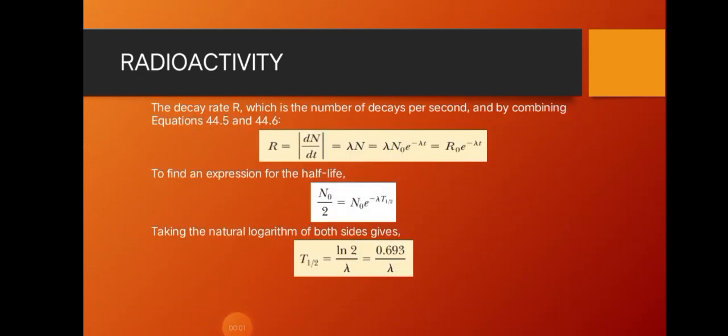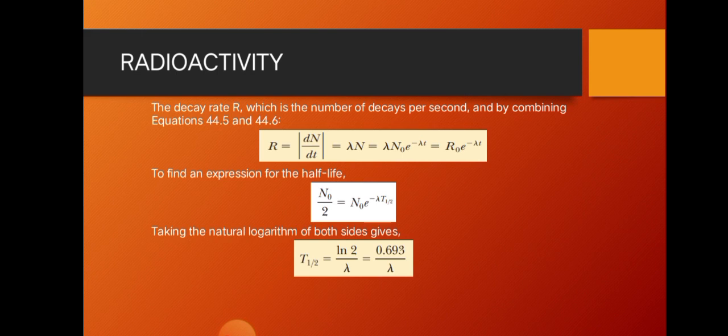The decay rate R, which is the number of decays per second, can be obtained by combining equations 44.5 and 44.6, where R is equal to the absolute value of dN over dt and can be written as lambda N is equal to lambda N sub 0 multiplied by e raised to negative lambda t, which will be R sub 0 multiplied by e raised to negative lambda t, where R sub 0 is equal to lambda N sub 0 is the decay rate at time equal to 0.